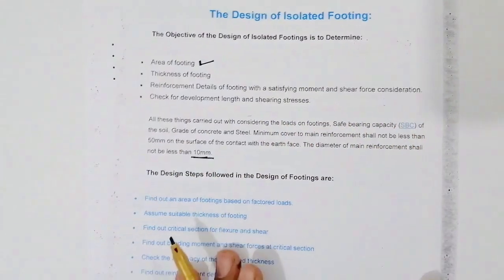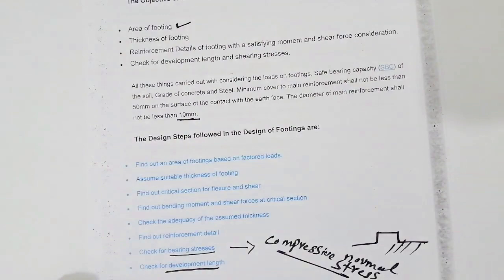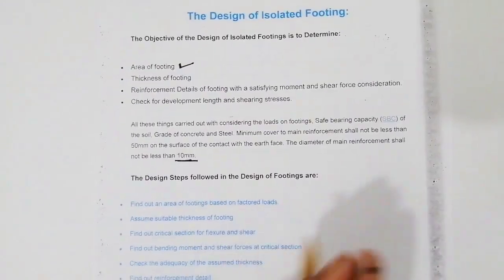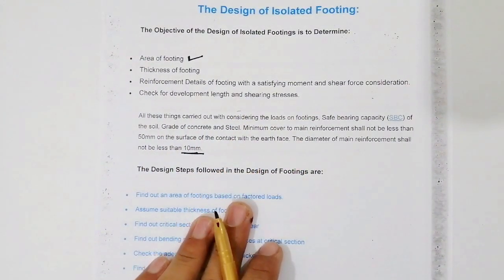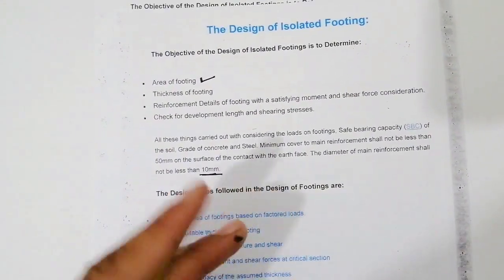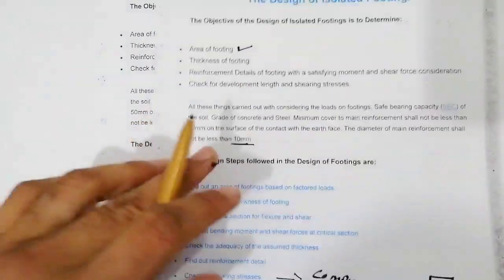Also follow these steps which I have discussed. Then you are able to find the depth of isolated footing and more related to isolated footing. This video is very helpful for you, so you should research these points.